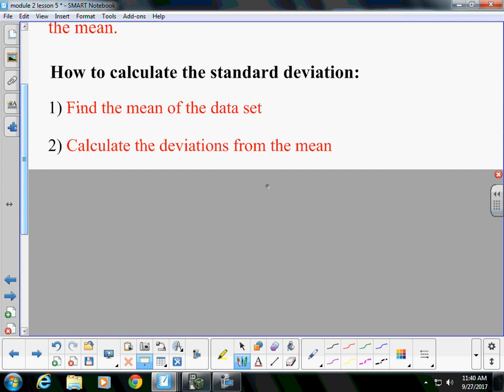That's what we did yesterday in the previous lesson, lesson 4, which means that you take the data value and subtract the mean.